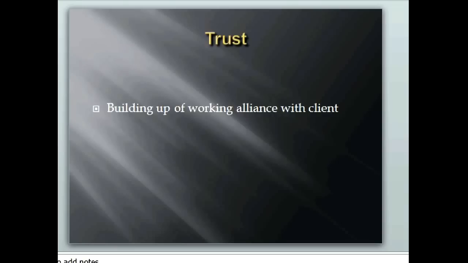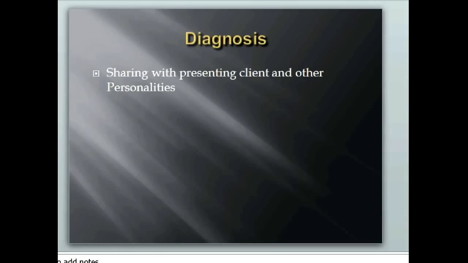therapy. The next stage, which is really important to talk about here, is the diagnosis. Now, after the script analysis you've done, you'll come to a diagnosis. And the best thing here to do is to share that with the presenting client, presenting alter.